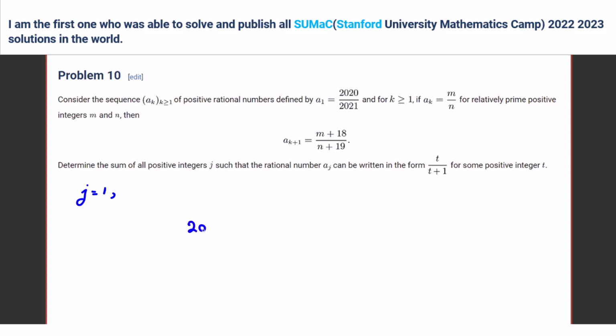So it means what? Let's consider some. When we calculate these, if they are not relatively prime, we should simplify, and all numbers will be different, right? So first we should find the first step at which we should simplify. So 2020 plus, for example, 18l over 2021 plus 19l.